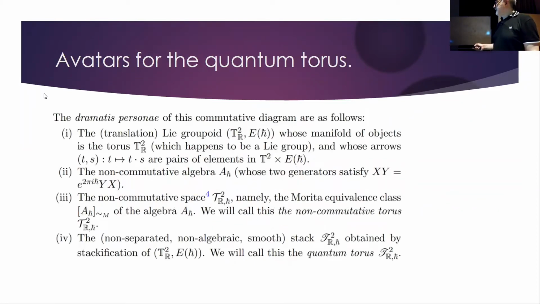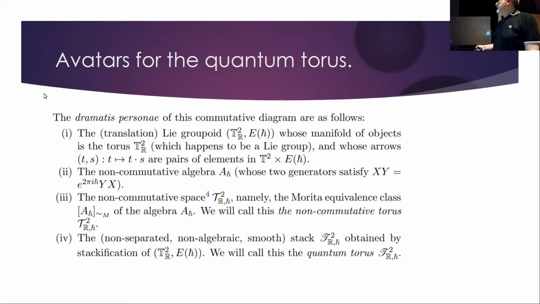So one is a translation Lie groupoid, whose manifold of objects is the torus itself, and the arrows are these pairs of elements. Then there is the non-commutative algebra that I described before. Then there is the non-commutative space that you could think of as a Morita equivalence class of this algebra.